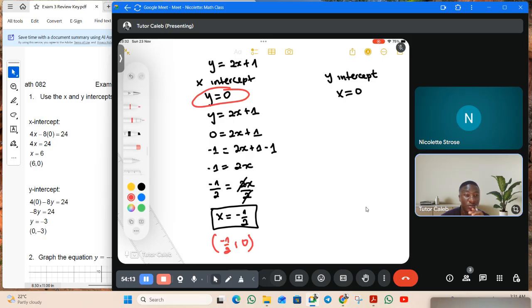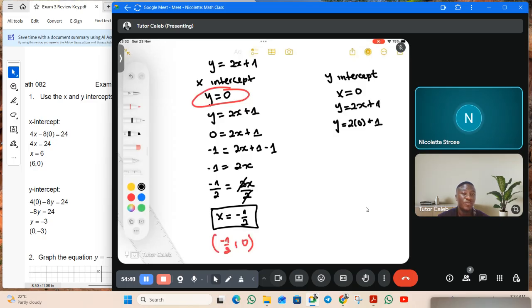Is that understood? Yes. We can do the same thing now for the y-intercept. For the y-intercept, x equals 0. We're going to put it in the equation y equals 2x plus 1. So wherever we see x, we put a 0. So we have y equals 2 times 0 plus 1.